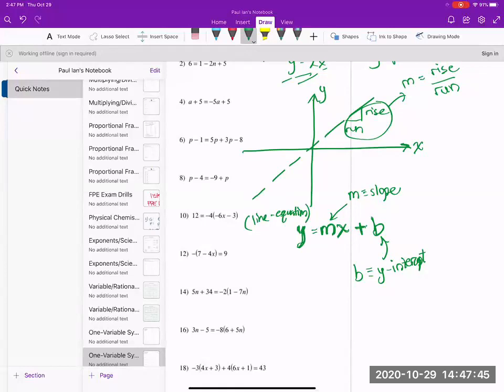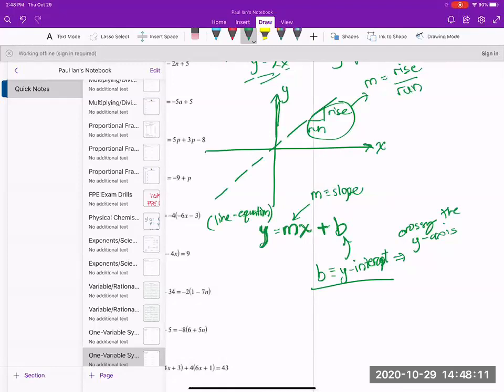That's in words. And then the intercept, this guy right here, is where it crosses the y-axis. That's in words, but in math, what that means is you have to plug in 0 for x and then solve for y.